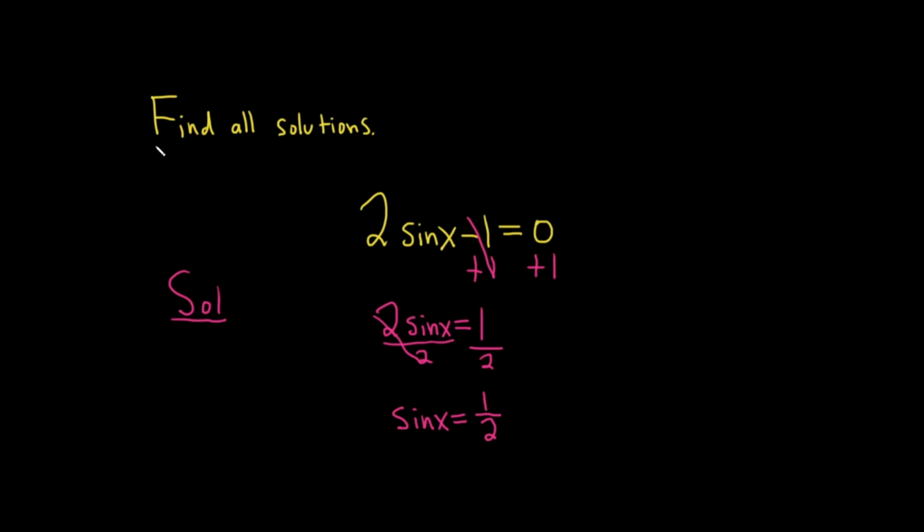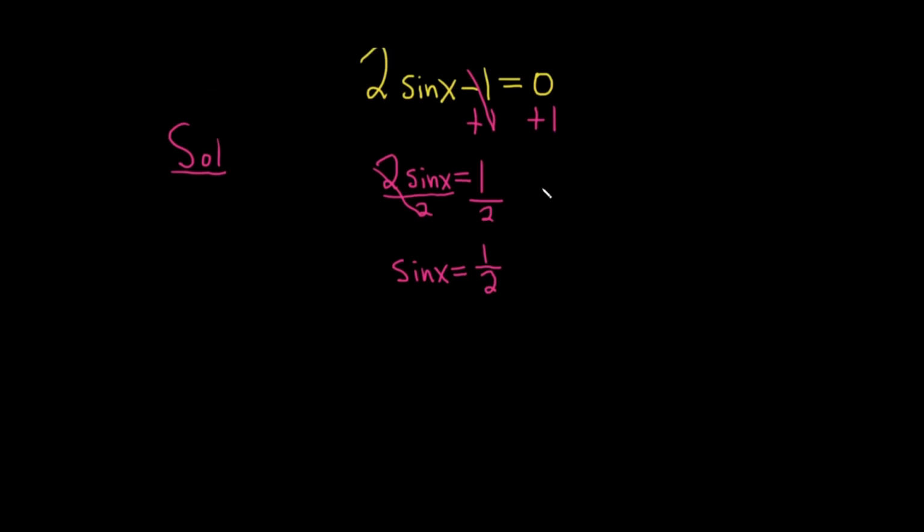So the question says to find all the solutions. So what we'll do is the following. We will first find the solutions in the interval 0 to pi. And then, since the sine function has a period of 2 pi, we'll add 2 pi to each solution.